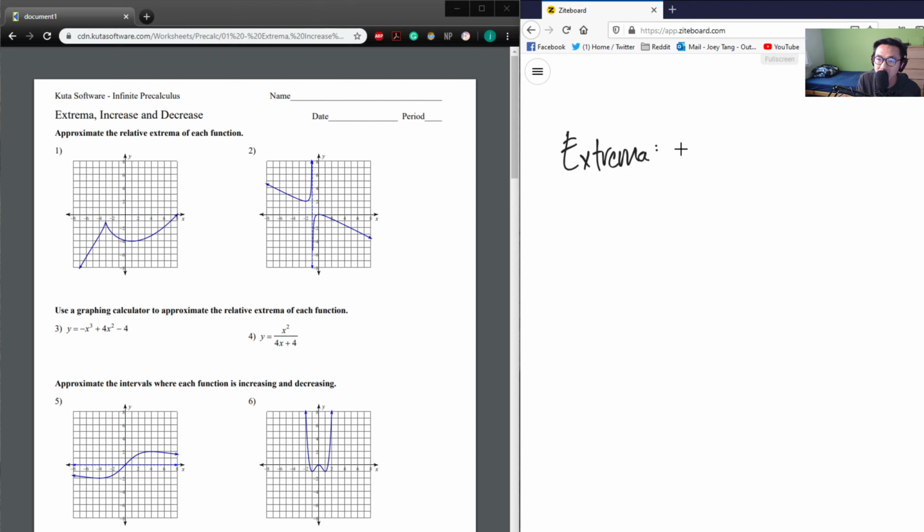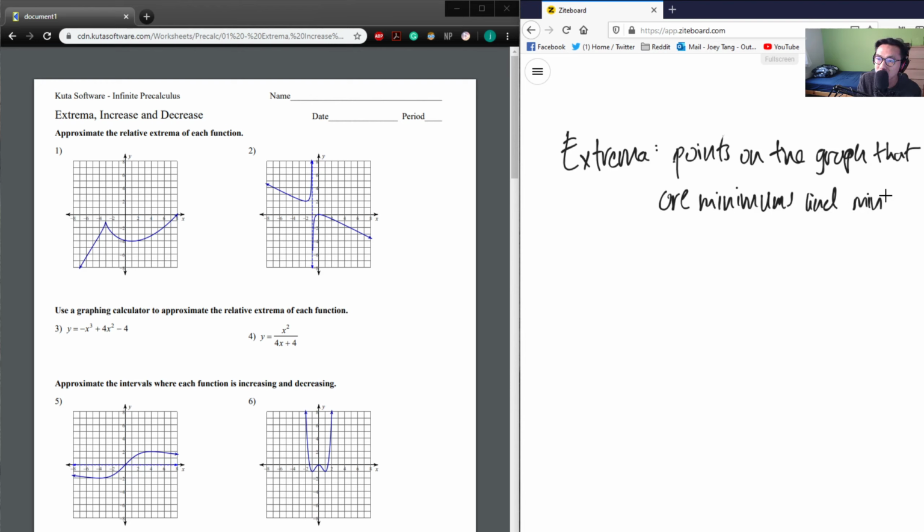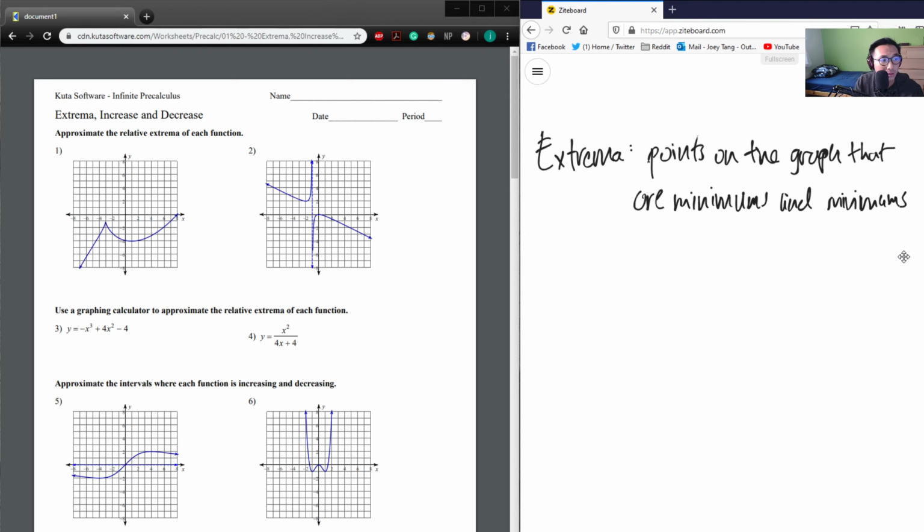I'm going to define them as points of the graph which are minimums and maximums.